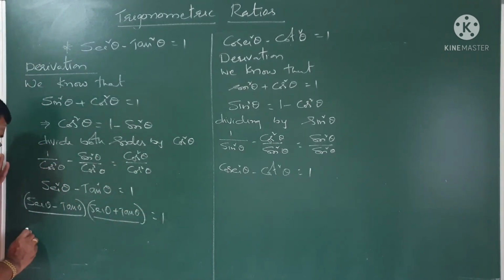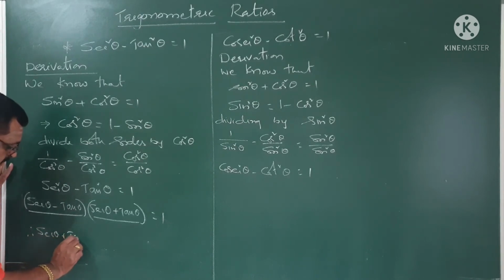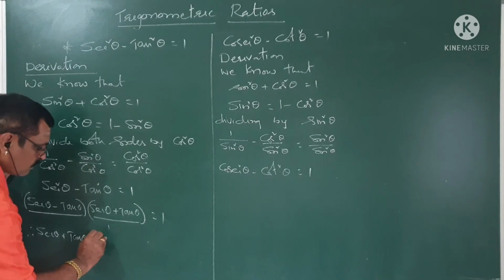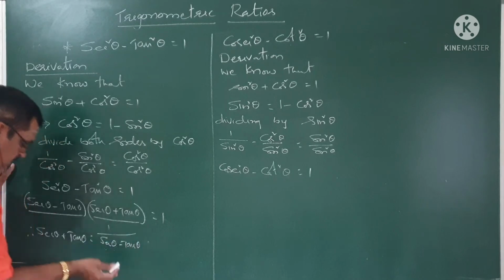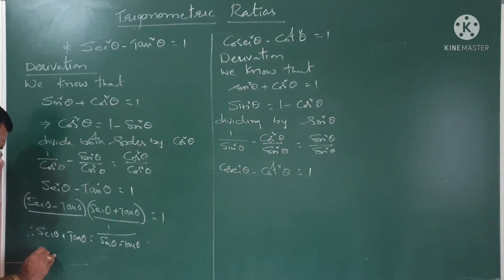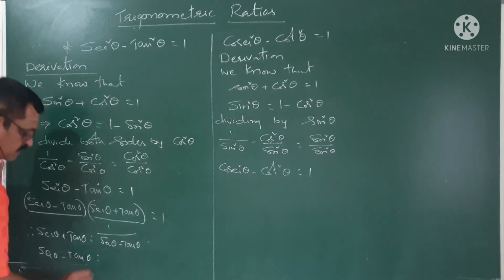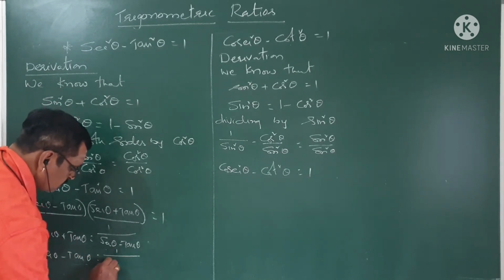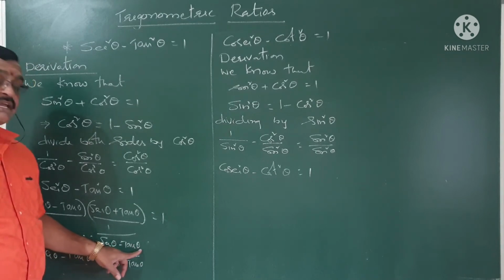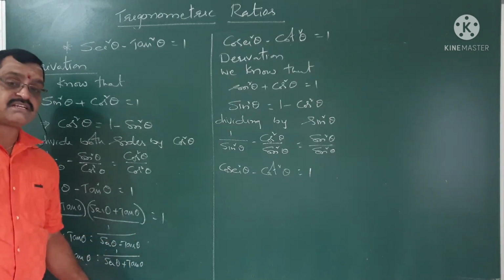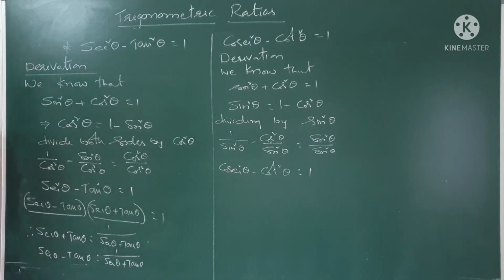Therefore, I can write secant theta plus tan theta is equal to 1 over secant theta minus tan theta, or vice versa, secant theta minus tan theta is equal to 1 over secant theta plus tan theta. Of course, this rule is applicable only if, for no value of theta, secant theta minus tan theta is 0 or secant theta plus tan theta is 0.